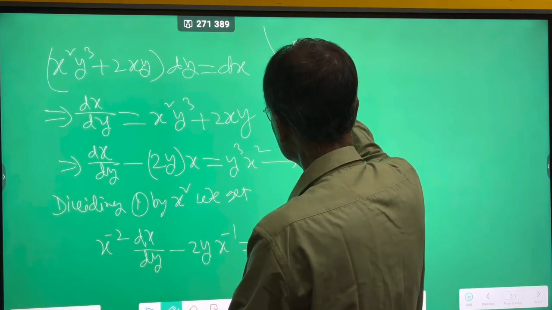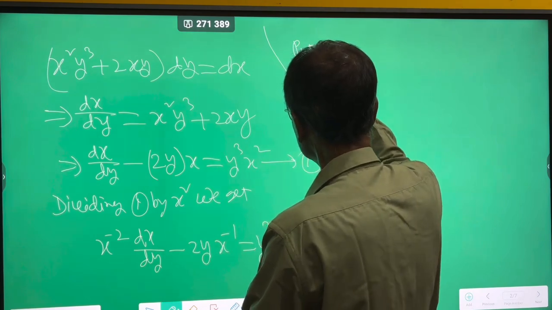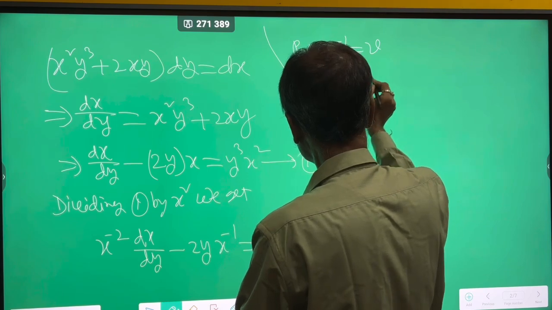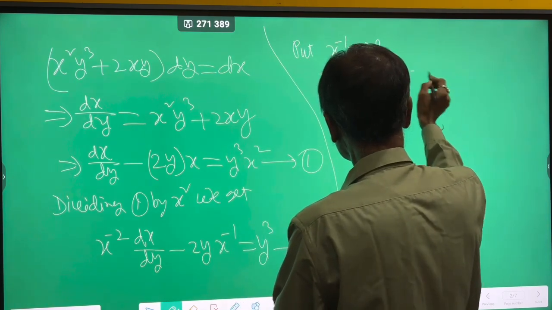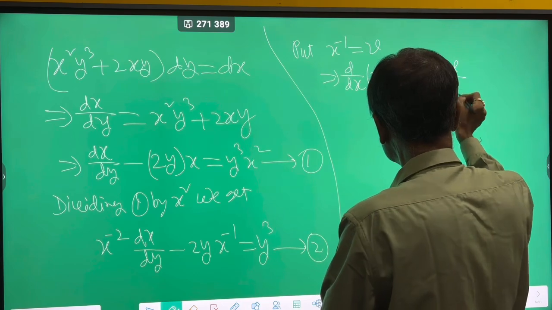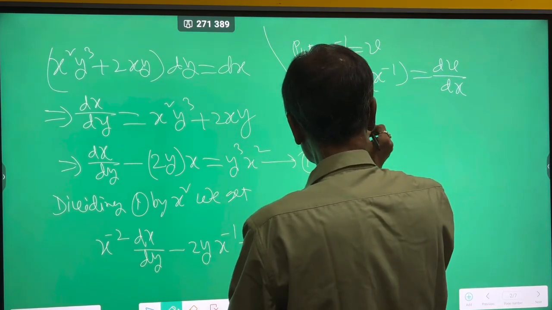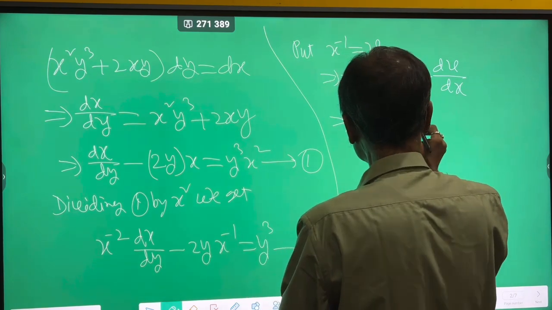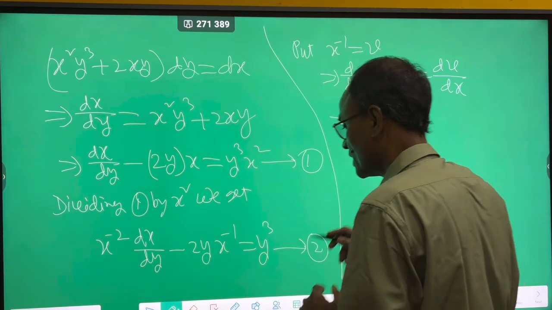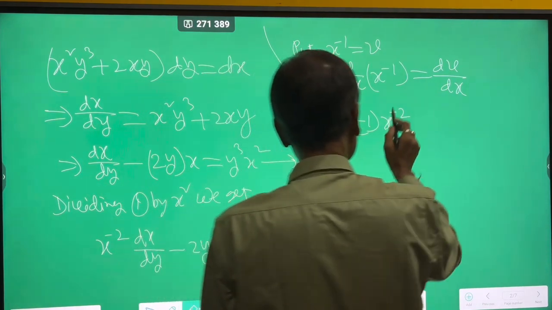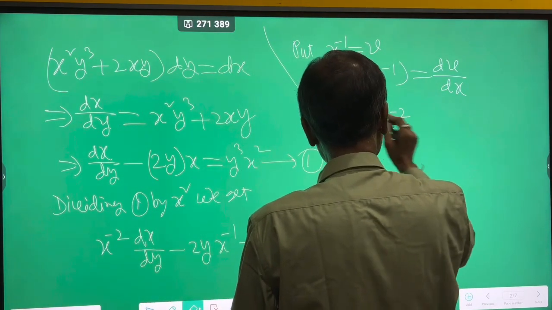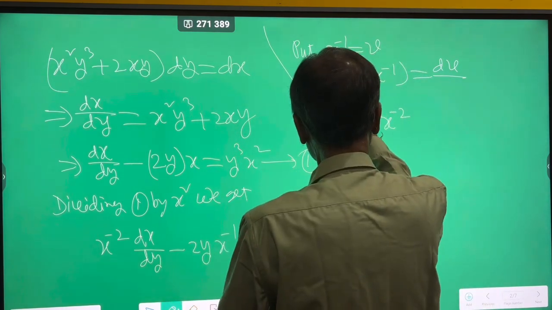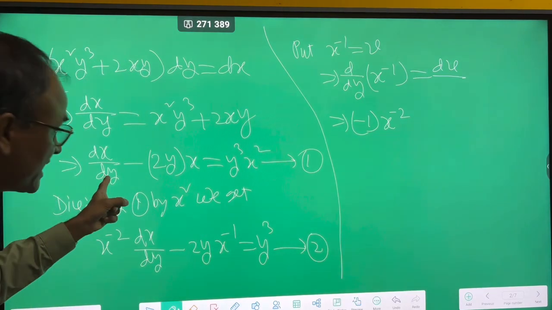Now, next step is put x to the power minus 1 equal to v. This means differentiate x to the power minus 1 to get dv. No, not with respect to x. You will have to differentiate it with respect to y, because here y is the independent variable.